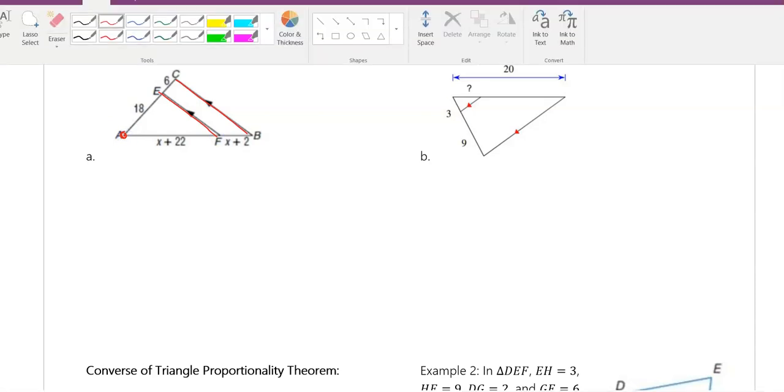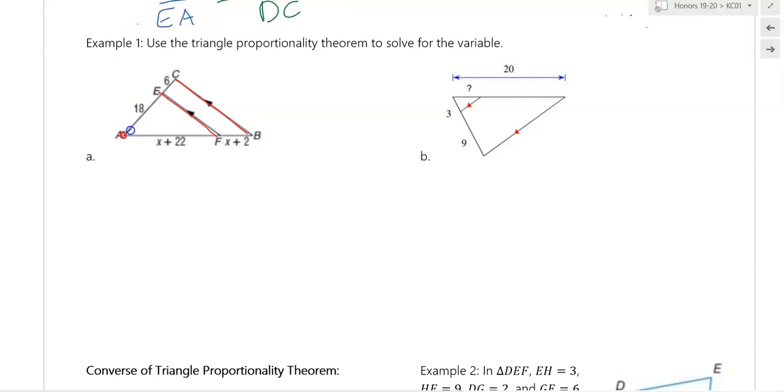And I like to go down the line from the point. So here it's 18 over 6. And then down the line from the point, x plus 22 over x plus 2.